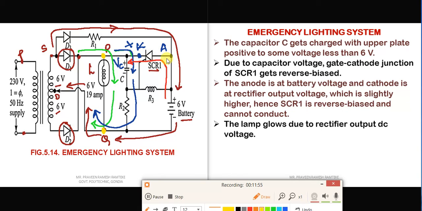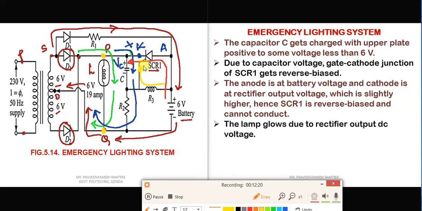Now this anode is at positive potential, the SCR is forward biased, but it will not conduct and will not turn on. To turn on this SCR so that the lamp is turned on, we have to trigger the SCR. The triggering will take place because of this inductor's EMF.